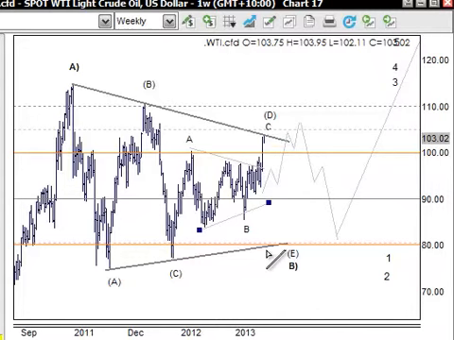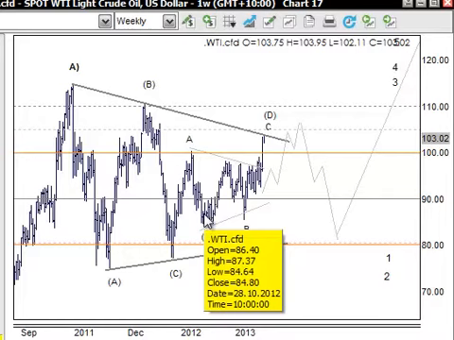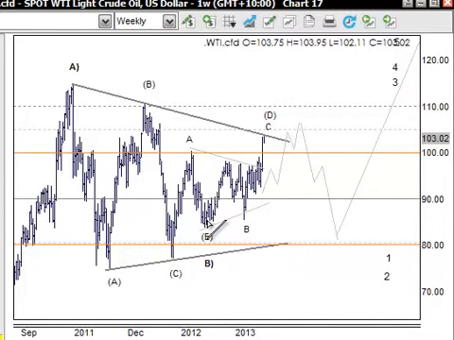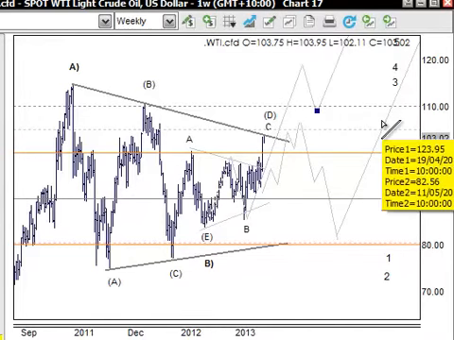If that's not the case, then this triangle's already finished, and if that's the case, then this E wave would go to here, and this B wave would be in here at that place there. And what that would make is we would be looking for 5 waves up from that point. So we'd be looking up for 1, back for 2 here, up for 3 here, back for 4 here, and then up for 5 here. So that's the other option that we can do.